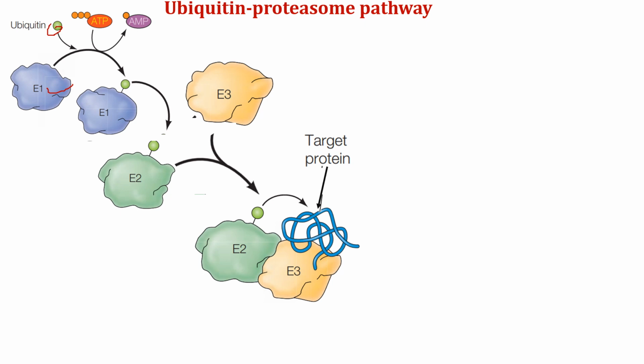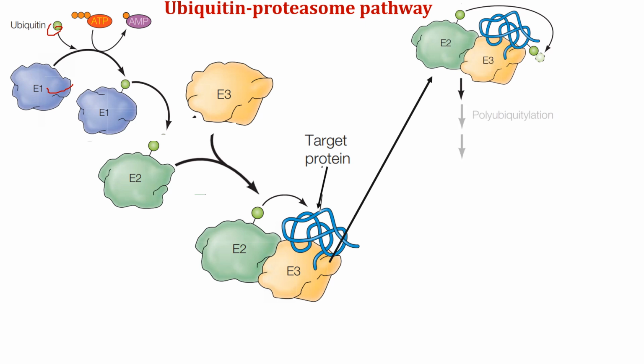Now the proteins are marked for rapid degradation by covalent attachment of multiple molecules of ubiquitin to form a polyubiquitin chain. So here is the E3. It specifies the ubiquitin to bind with the polypeptide chain at the specific site.